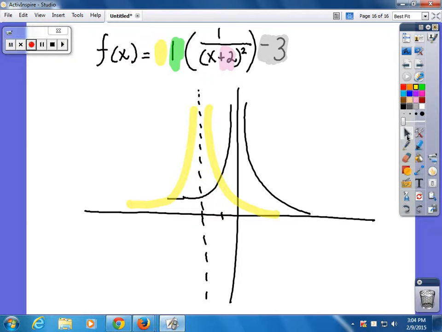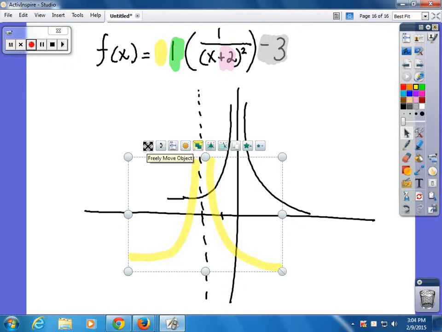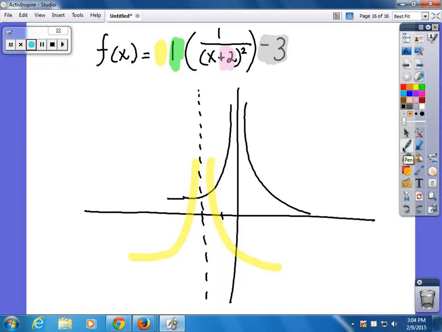Down how many? 3. Down 3. So that'd be 1, 2, 3. So technically your new origin is what? 2 to the left and what? 3 down. There's your new origin. And the yellow is what you would look for on the A, B, C, or D as far as your homework.